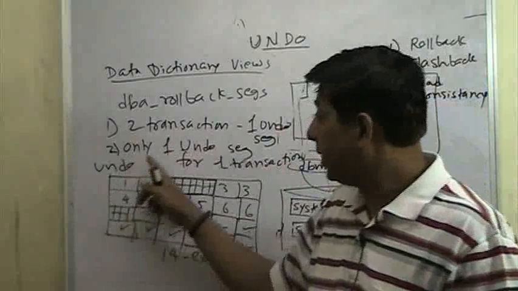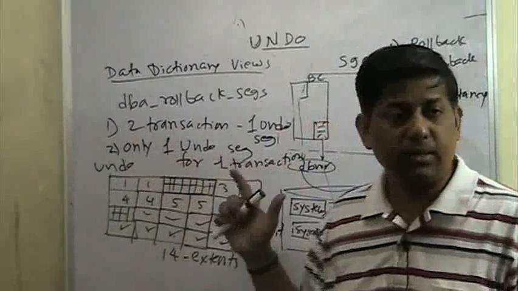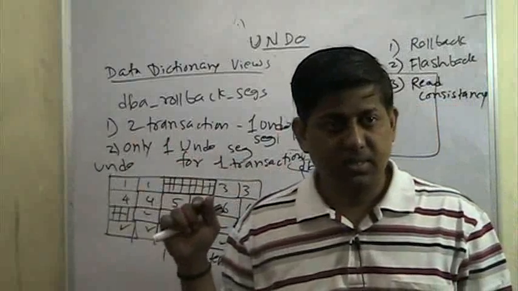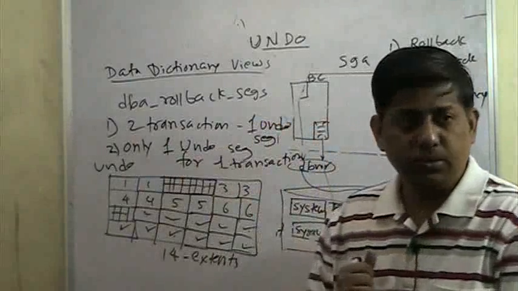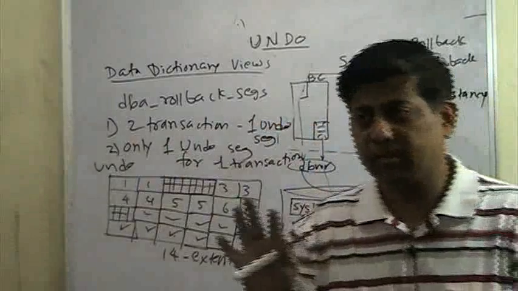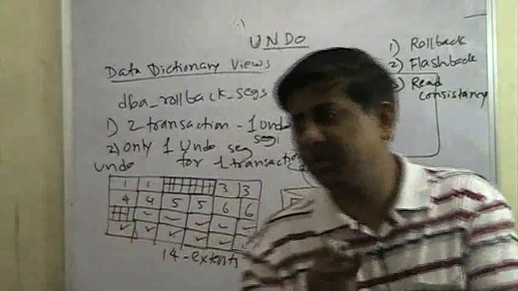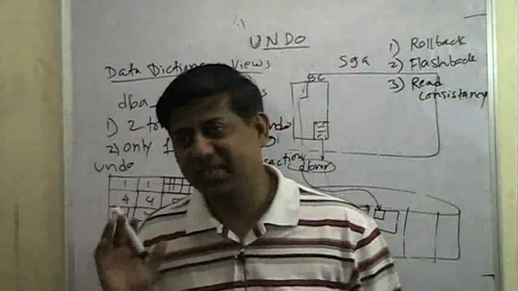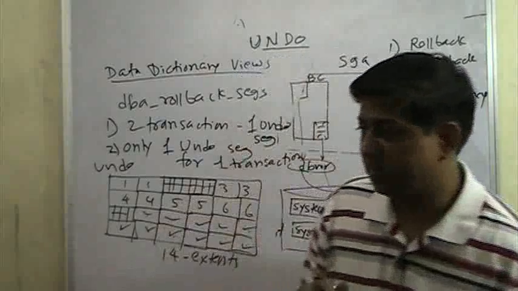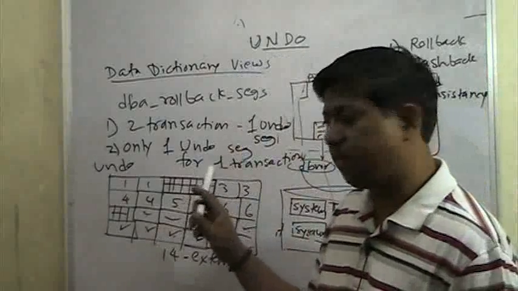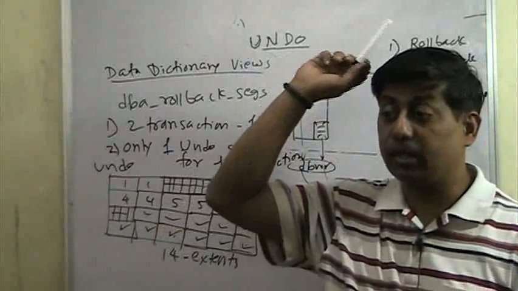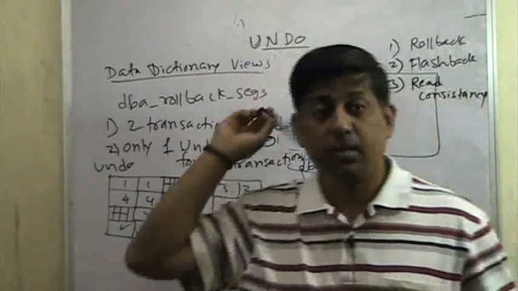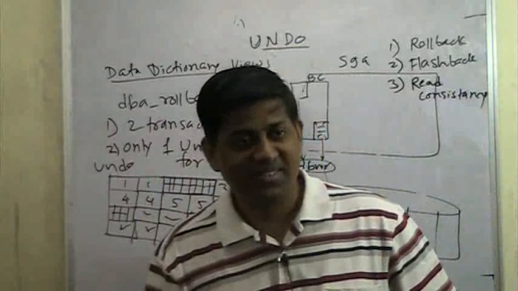But the second point is that there is only one undo segment for one transaction, which means that once I am assigned segment number 2, I am fixed with that. Once you get married, you are fixed. Once the segment is assigned, that is assigned.